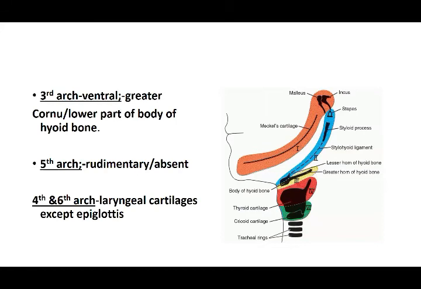Other than the epiglottis, all these cartilages are formed by the fourth and sixth arches. So these give rise to the thyroid, cricoid, arytenoid, corniculate, and cuneiform cartilages. The epiglottis is formed from another source, right?